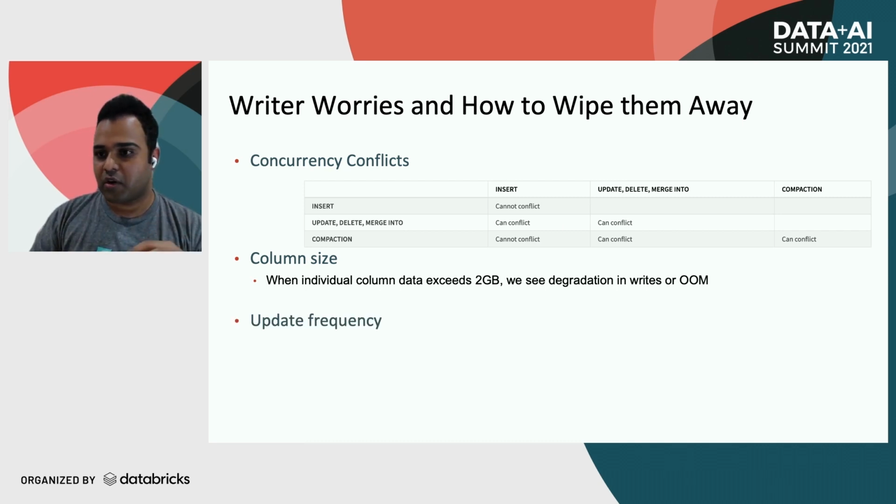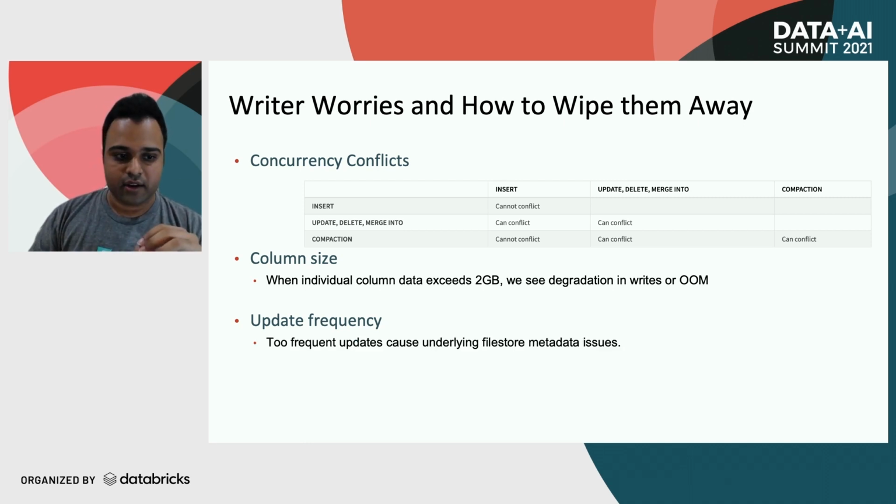I was talking about how every single writing source has a different throughput and frequency. If you're going to make multiple frequent updates all the time, it can cause underlying file store metadata issues, like with S3 or ADLS Gen2.